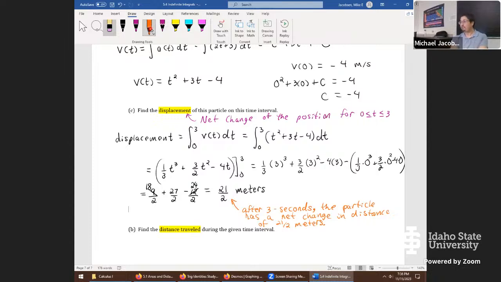In other words, maybe a faster way to say this is the particle is moving to the left and to the right, but at the end of the 3 seconds, it ended up moving 21/2 meters to the right overall. That's what we mean by displacement.